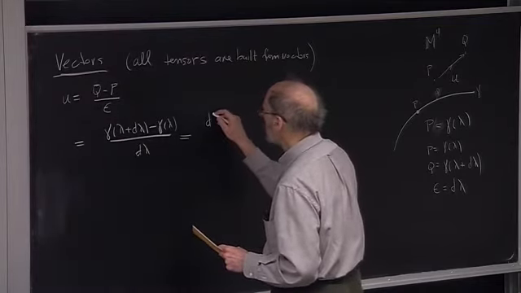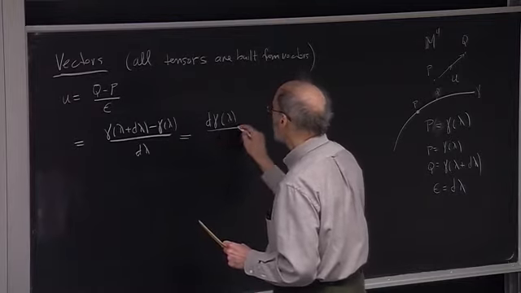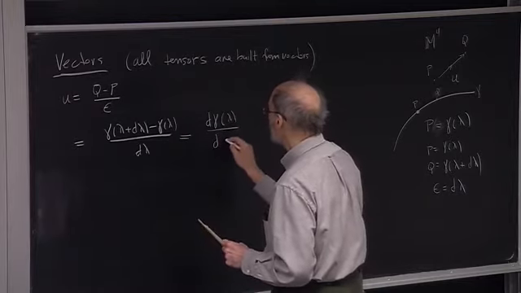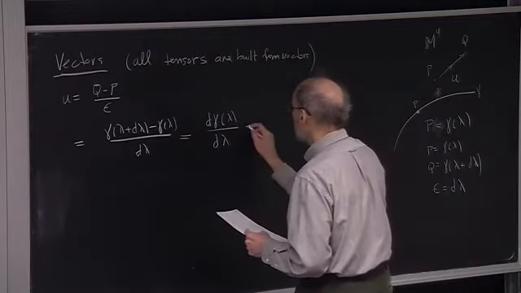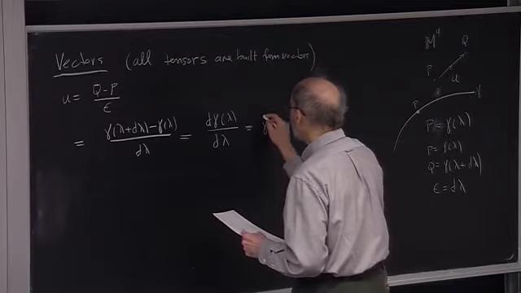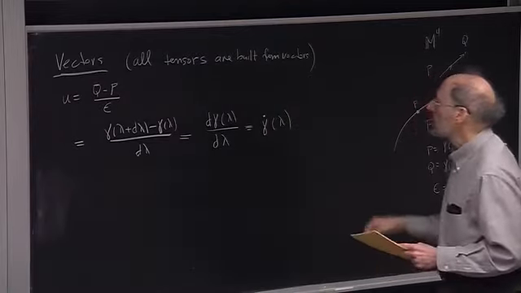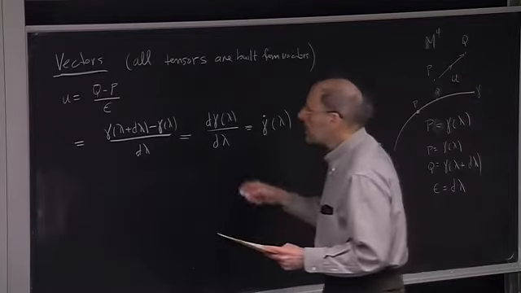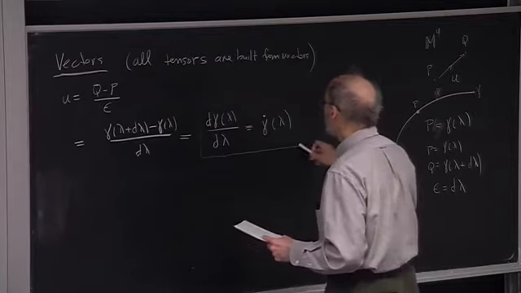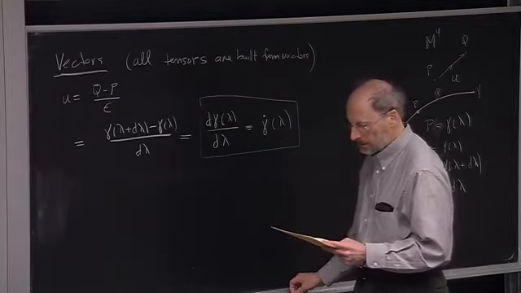Indeed it is, so we'll just name it d gamma of lambda over d lambda, which, using another common notation, I'll also call gamma dot of lambda. These are just two different notations for the same thing. Once we figure out what this derivative means, that will be our definition of a vector.